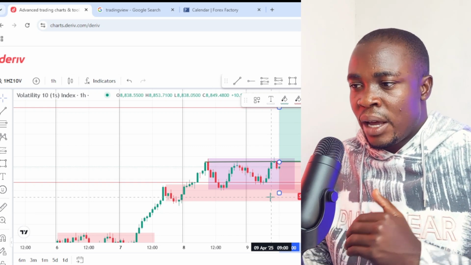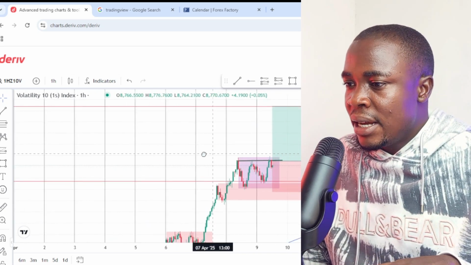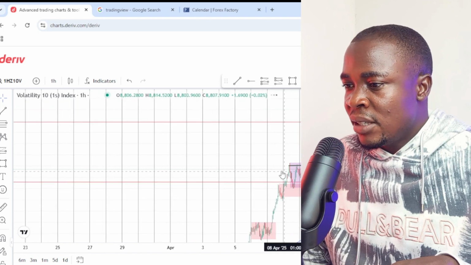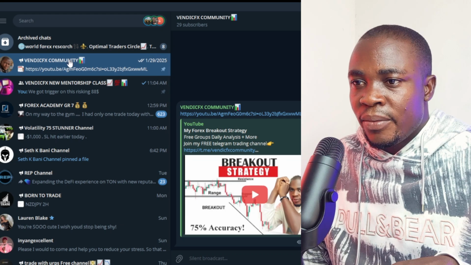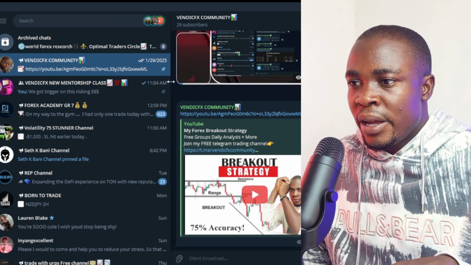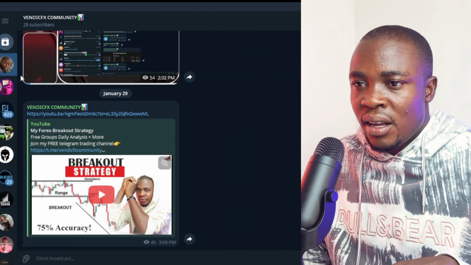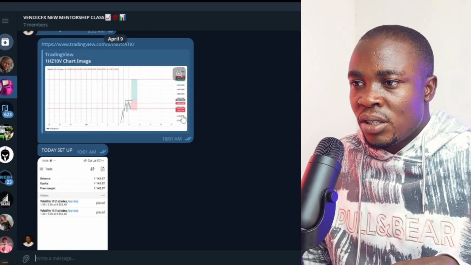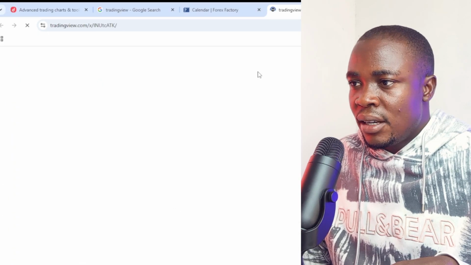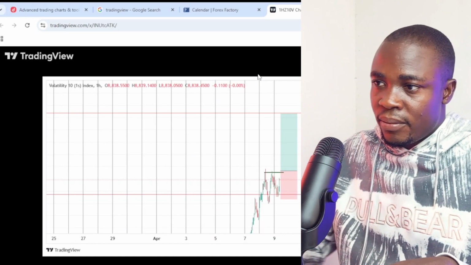This is a very good trade because I think I saw this entry this morning, and if you check out the group here, I think this was the trade. I posted it here on the group.